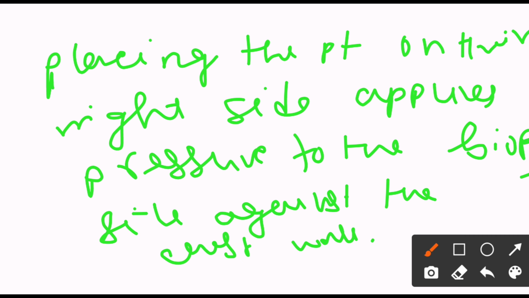So the answer will be option B, place the patient in the right lateral position.